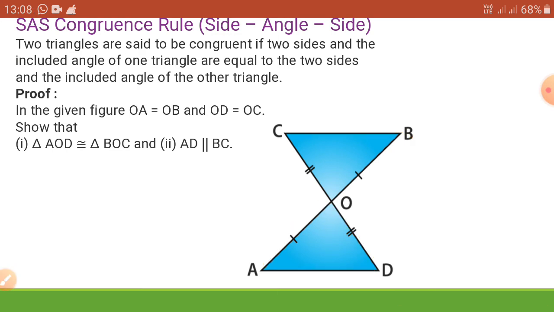Now you may note that in triangle AOD and triangle BOC, it is already given that OA equal to OB and OC equal to OD.